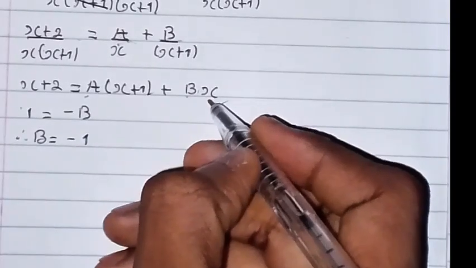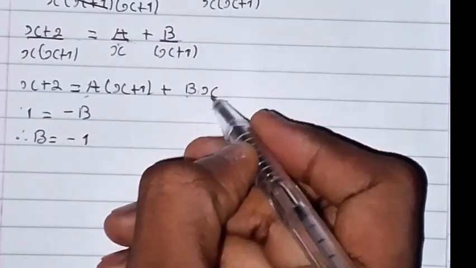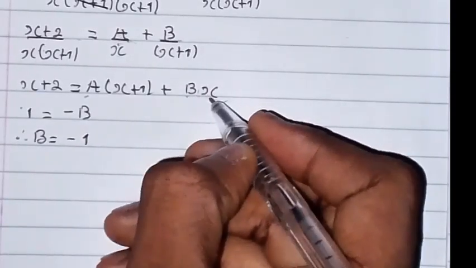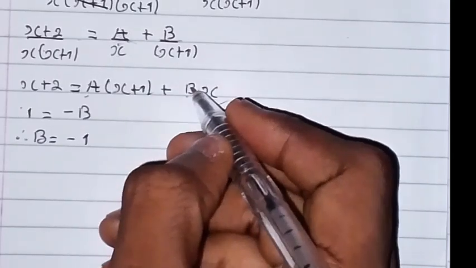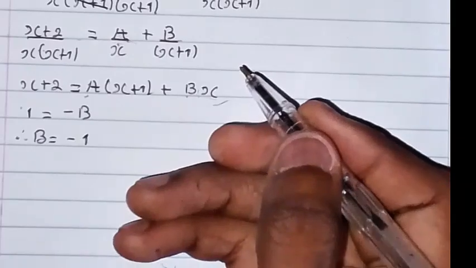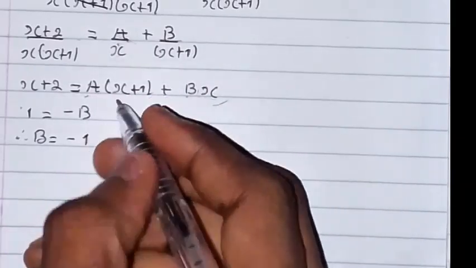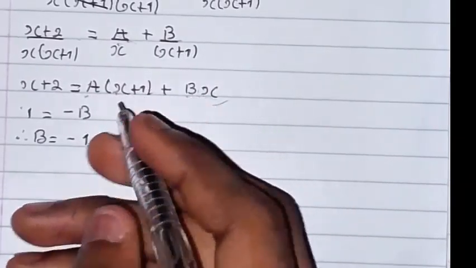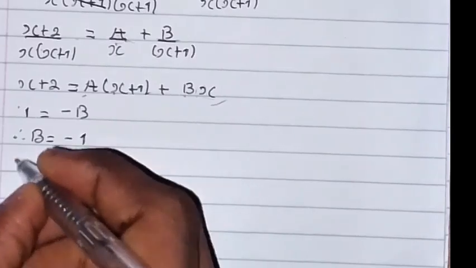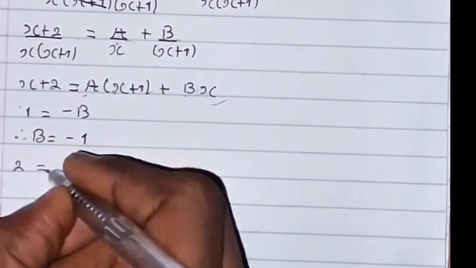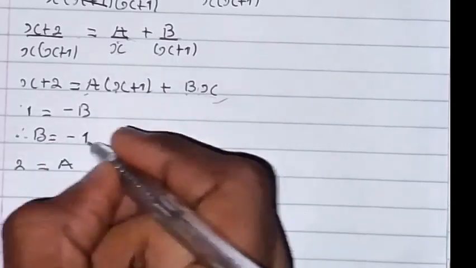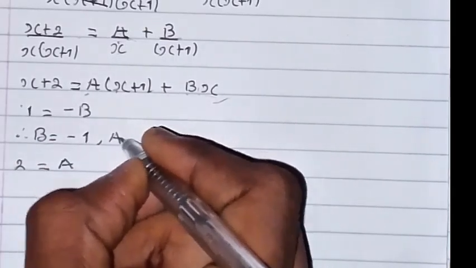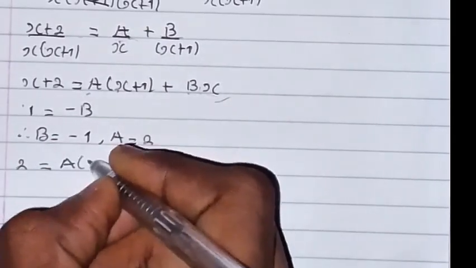Now, if I make x 0, b automatically becomes 0, because 0 times b gives us 0. And here, if x is 0, 0 plus 1 is 1. So we have that 2 will be equal to a. So a is equal to 2. In general, b is equal to minus 1 and a is equal to 2.